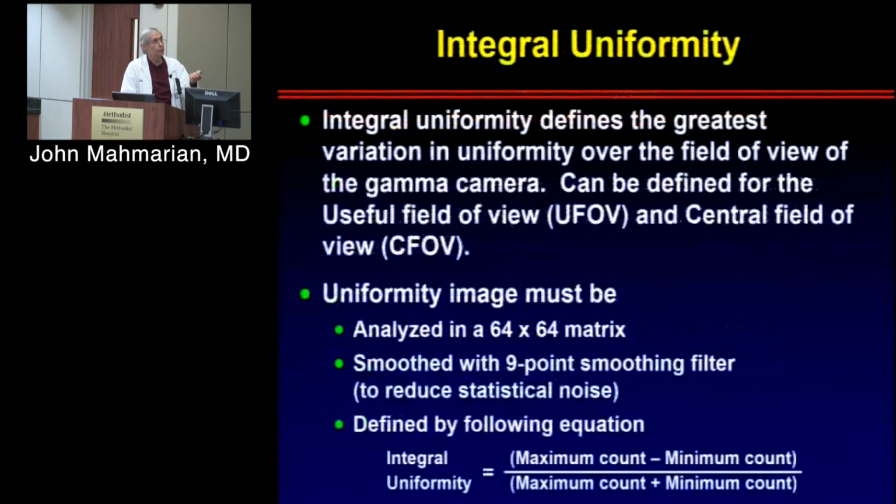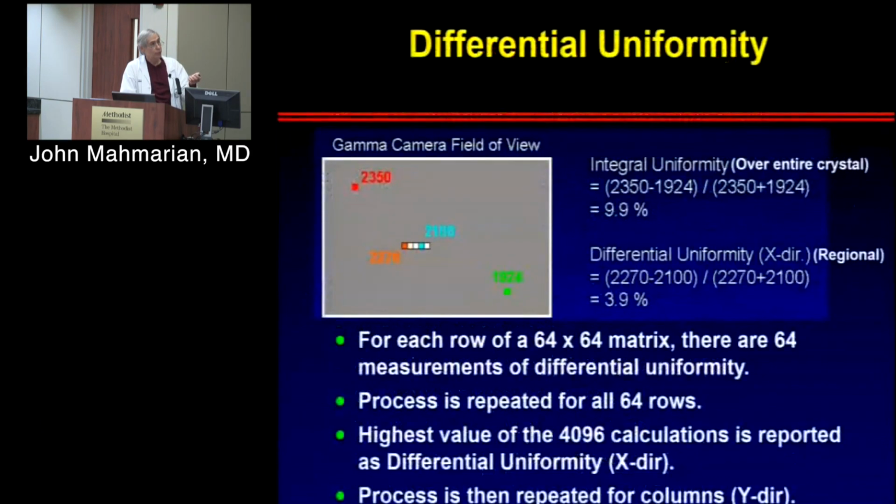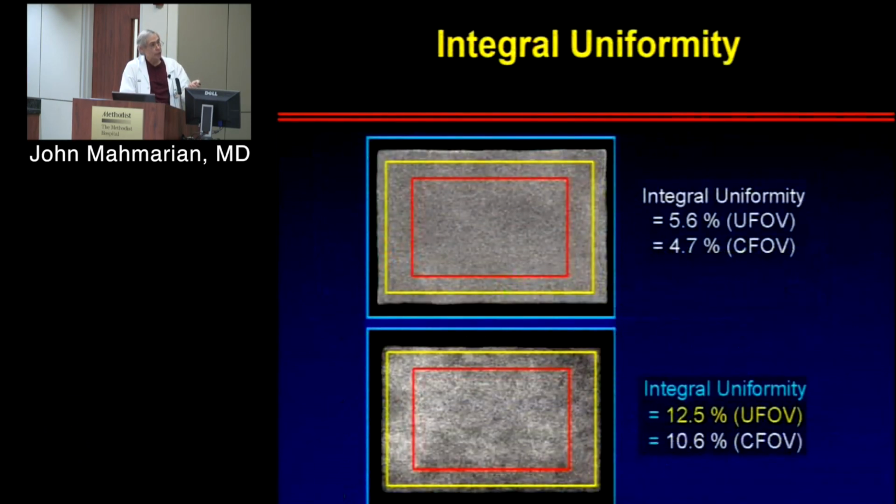So we do these things called integral uniformity, and we analyze it on a grid. We look at different pixel counts in different areas of the crystal surface, both with and without the collimator. This would be a very nice looking picture. This would be a very degraded looking picture. This is like over 10% difference in integral uniformity.